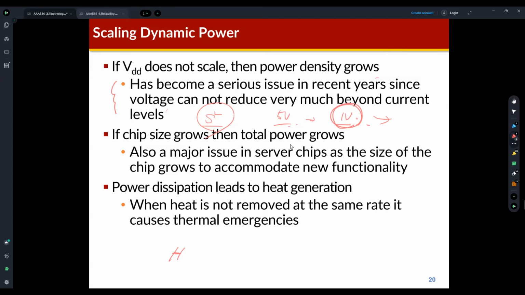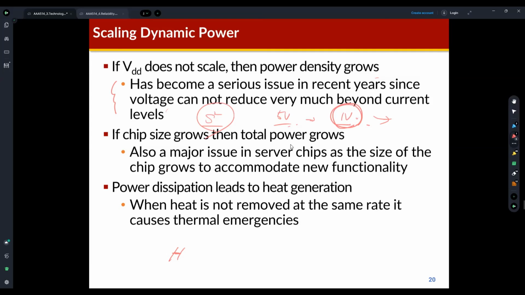And then chip size. We can use bigger chips because the Intel Xeon is a server chip. It has a larger area because the Xeon includes more cores. That's why the server chip is very expensive.